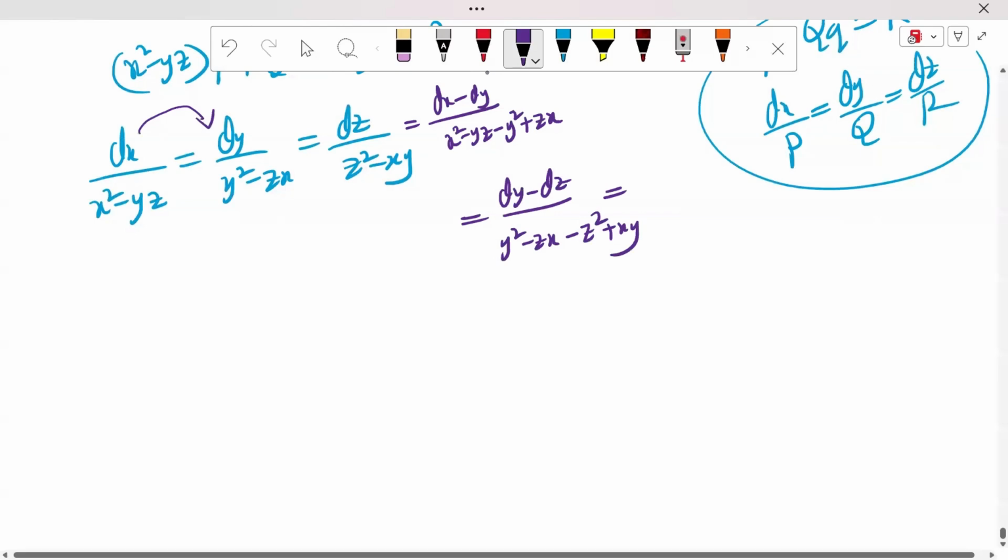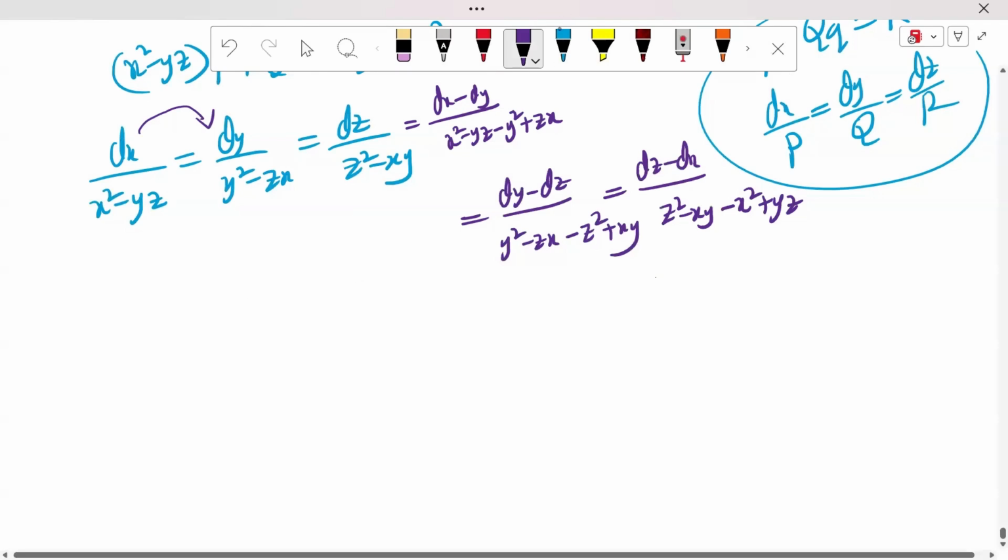Then dz minus dx is z square minus xy minus x square plus yz. These are the given ones. We require the option.